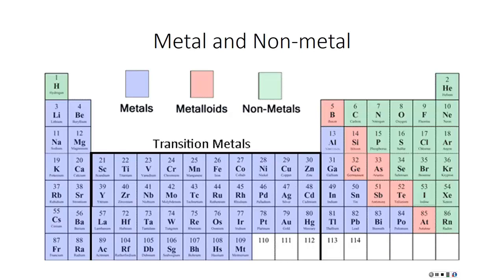So metals are to the left of this line I put on the board, and nonmetals are to the right. Metalloids are halfway between the two. If a metal is shiny, a nonmetal is not shiny, a metalloid is kind of shiny. Metalloids are the ones that are touching the line itself.